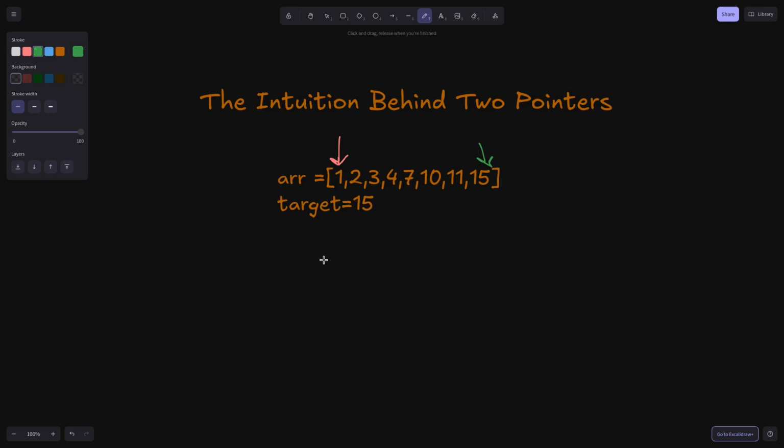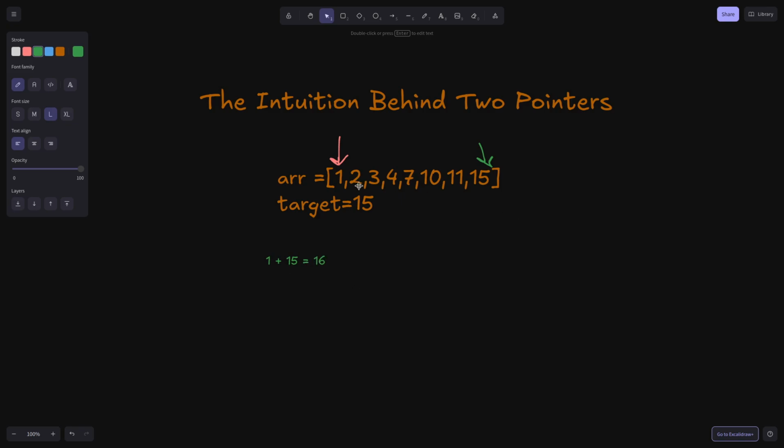Now if we pick two numbers and their sum is not what we want, here the sum is 1 plus 15, which is equal to 16, which is greater than our target.